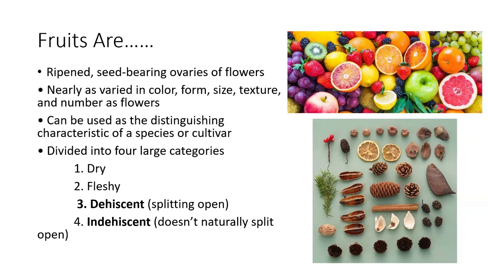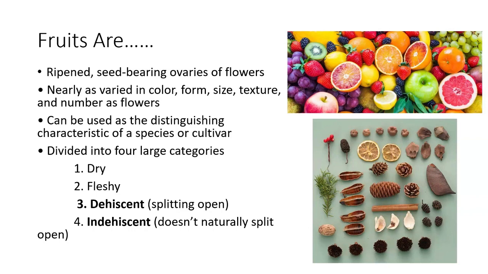Fruit can be classified into different types, either dry, fleshy, dehiscent, or indehiscent. Dry, a good example of that is your pine cones. Fleshy is like strawberries and bananas. They're fleshy and squishy.